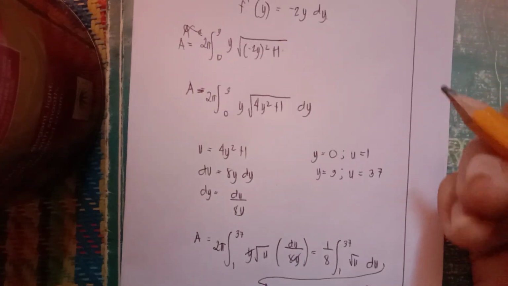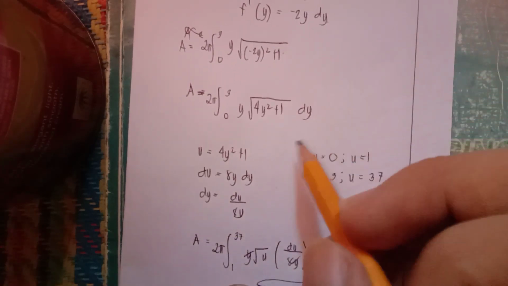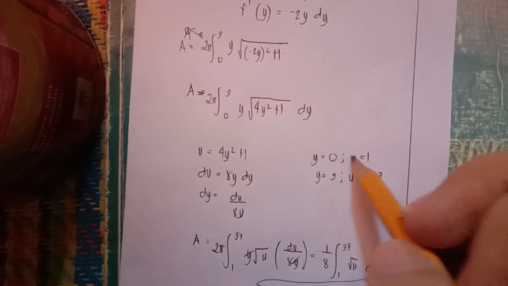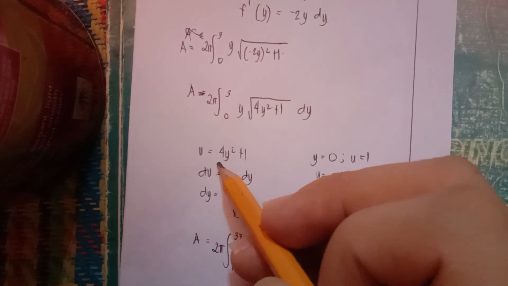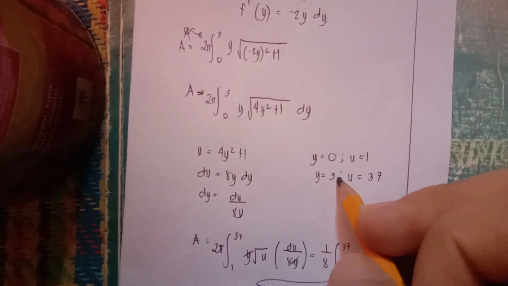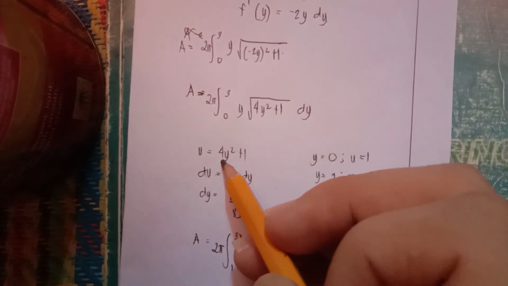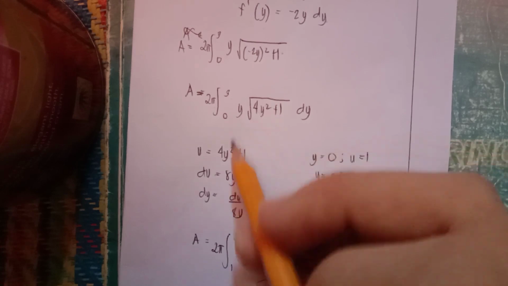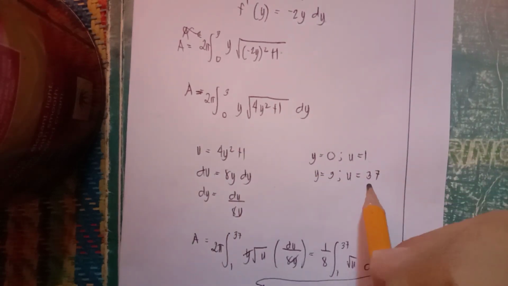So let's get our new limits. If y equals 0, then u is 1, since 4 times 0 plus 1 is 1. If y is 3, then u is 37, since 3 times 3 is 9, times 4 is 36, plus 1 is 37.